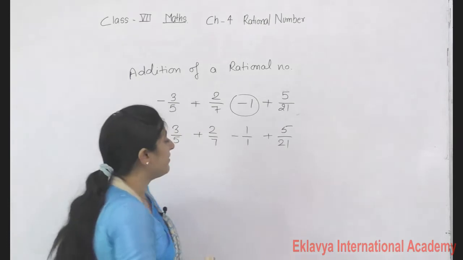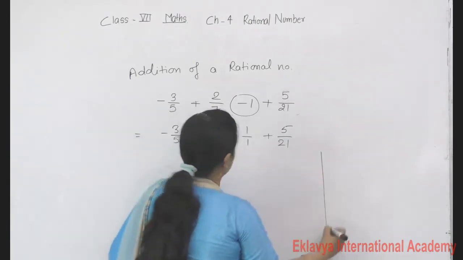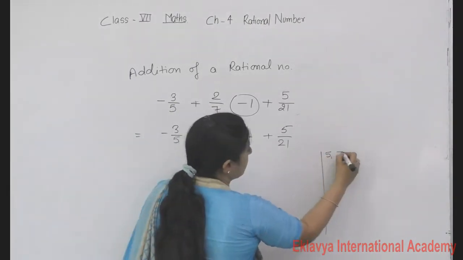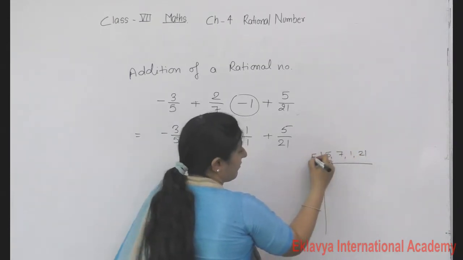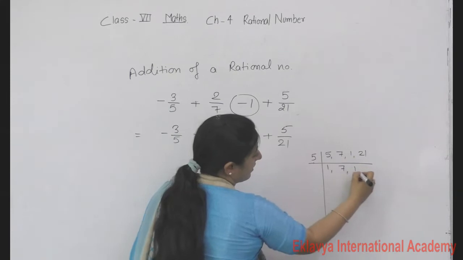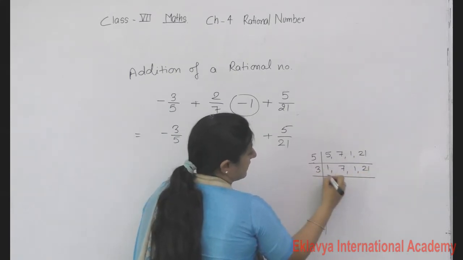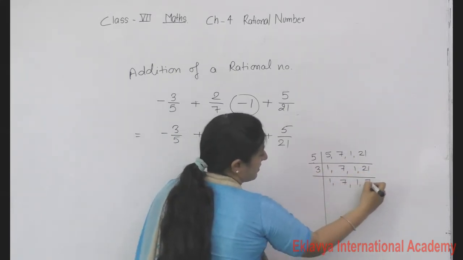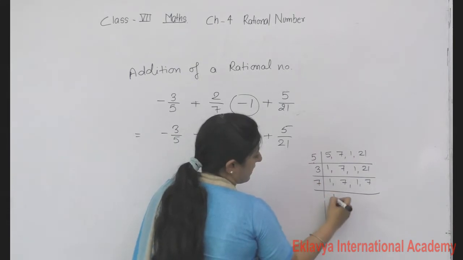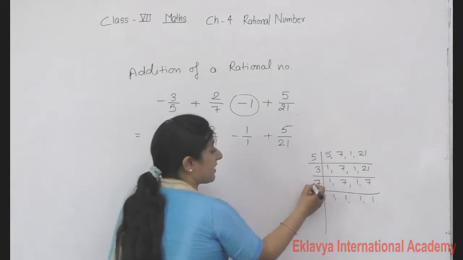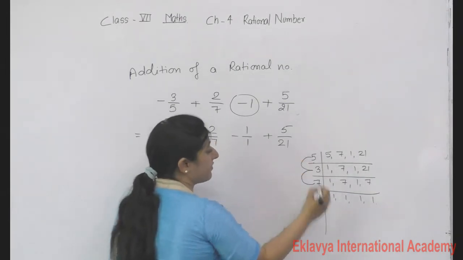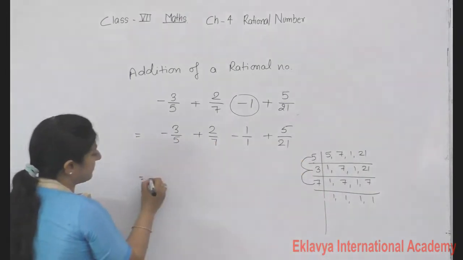It means firstly we have to take the LCM of 5, 7, 1, 21. What is the LCM? 7 threes are 21, 21 fives are 105.